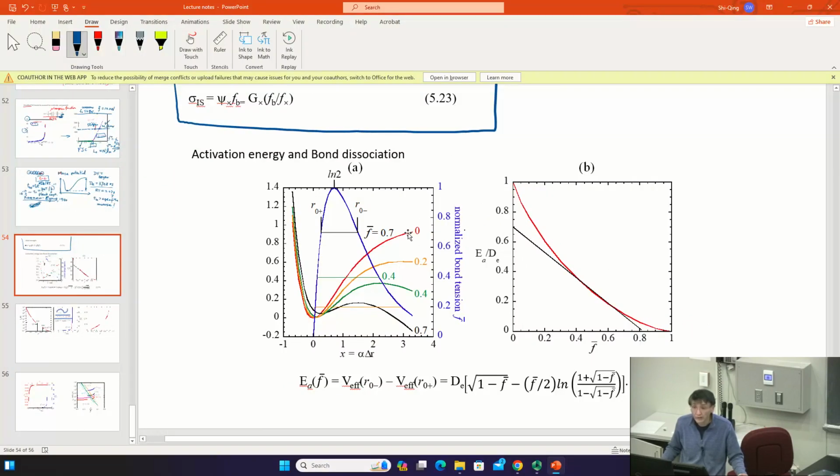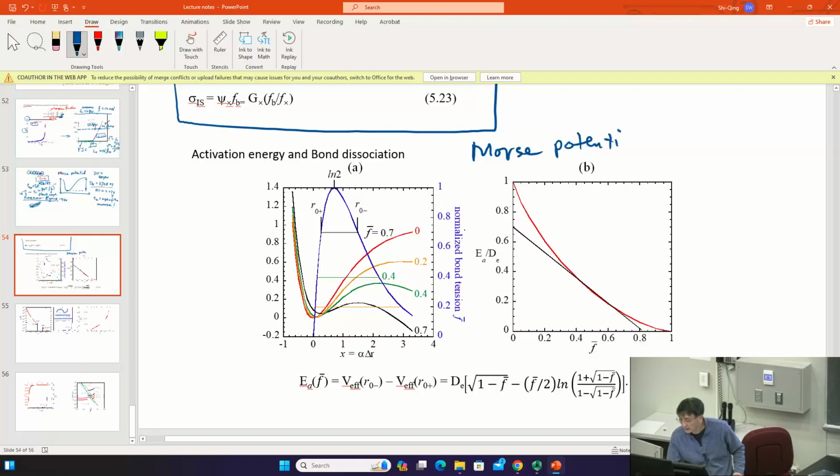The red line: I want to emphasize the understanding of this bond association and dissociation, which is breaking, can be qualitatively described. Here I used Morse potential to describe it quantitatively.